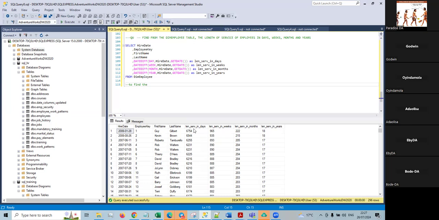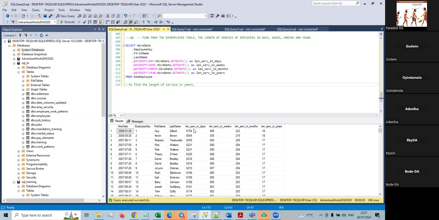So let's see. We want the exact figures now. We want to get the exact thing. What do you think we should do? Find the exact length of service in years.